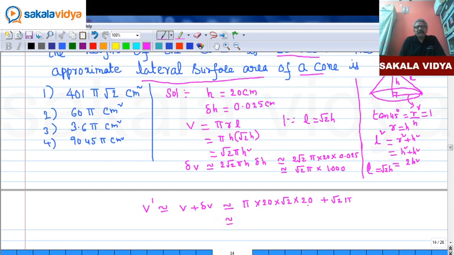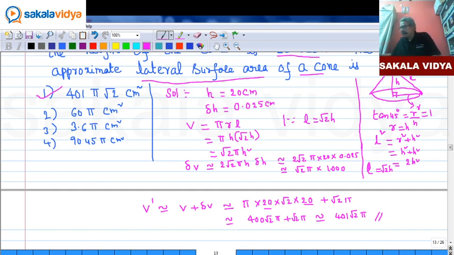This is approximately equal to 20 into 20, 400 root 2 pi plus root 2 pi, approximately equal to 401 root 2 pi. This is the answer. 401 root 2 pi means the first option is the right option.